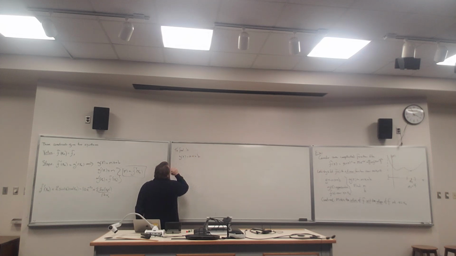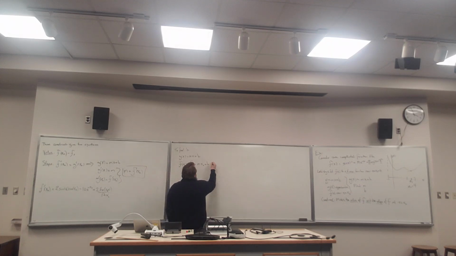We now know m. But at x naught, we want g equal f. So we can write f of x naught, which we've just called f naught, is equal to m times x naught plus b. So when we plug x naught into this linear formula, we want the value of that linear formula to equal the value of the function we started with. Okay, and so this allows us to solve.